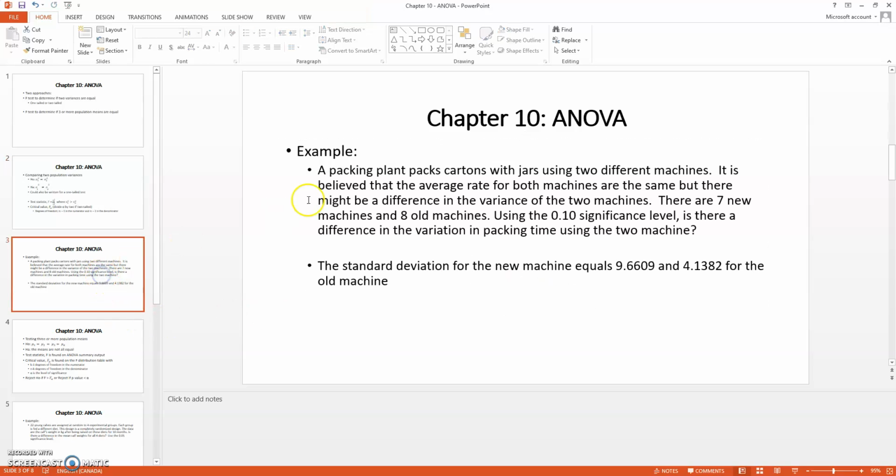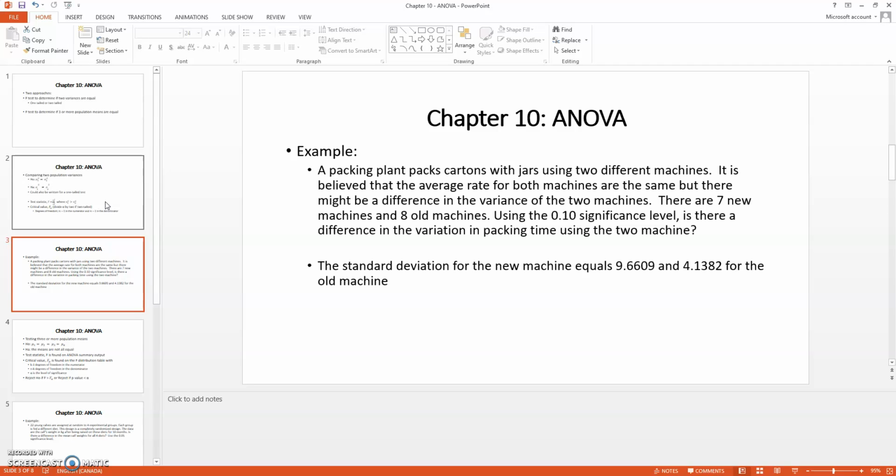This is an example I went over in class, but it wasn't written as clearly as it should have been. But here's a better rendition of it. A packing plant packs cartons with jars using two different machines. It's believed that the average rate for both machines is the same, but there might be a difference in the variance of the two machines. The variance measures, once again, how spread out the values are.